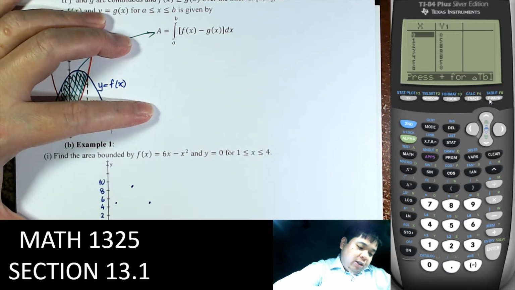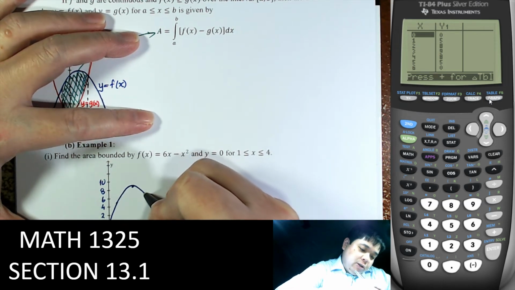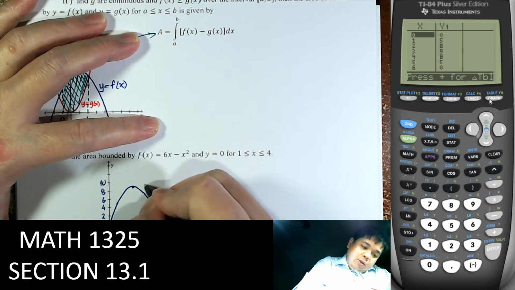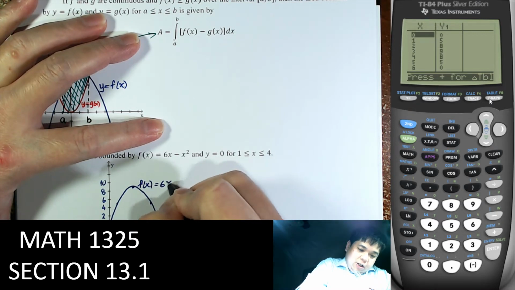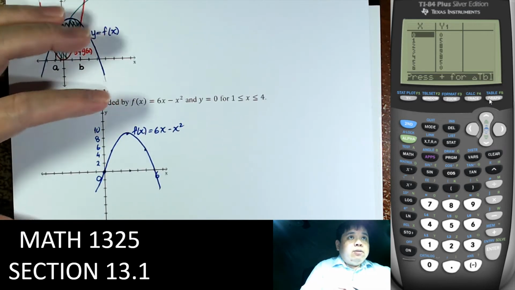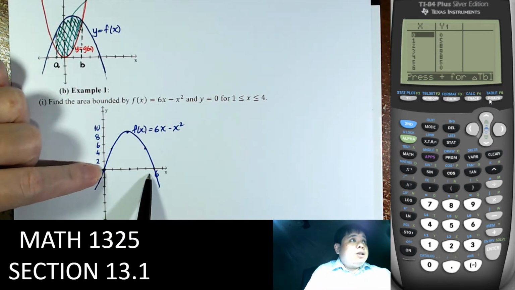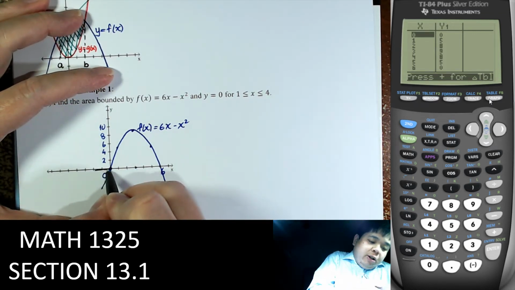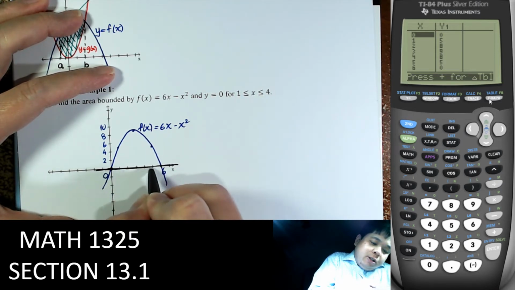So the graph, this is f of x equal to 6x minus x squared. Right, 0, 0, 6 and 0, and then we have the graph. y equal to 0, that is the x-axis.